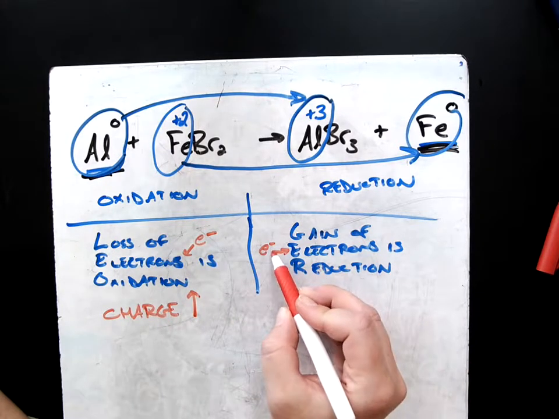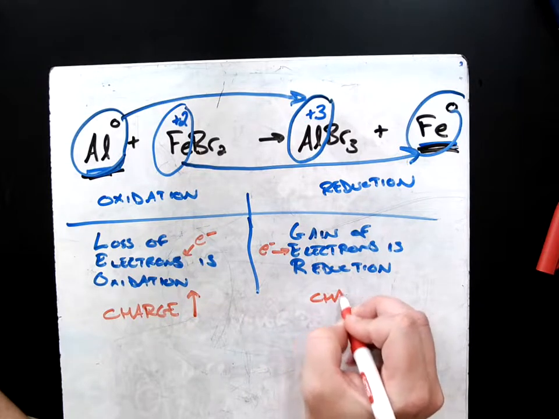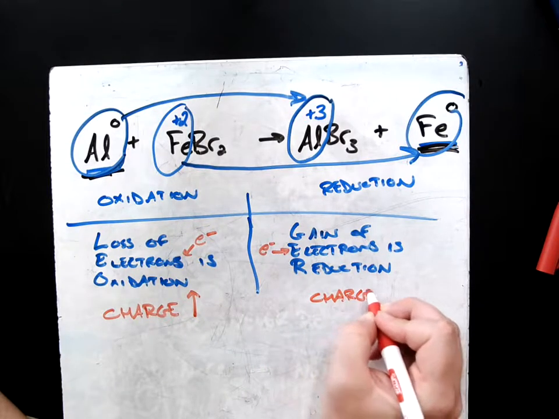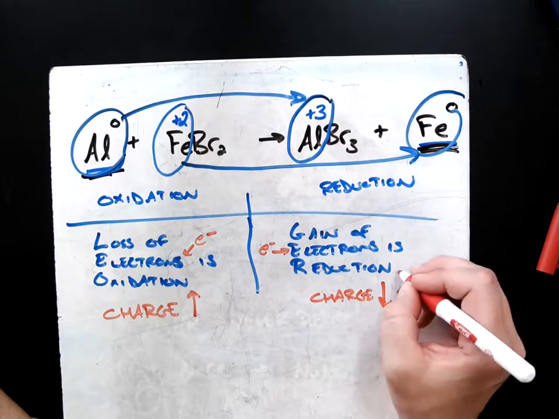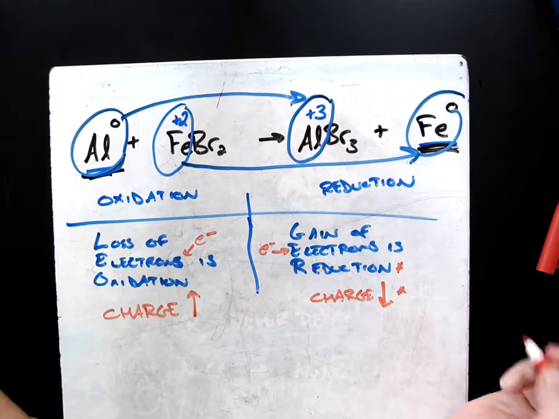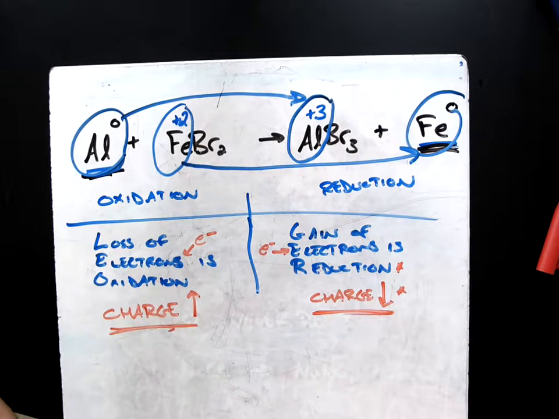If you gain electrons, you gain these negative guys, these garbage guys. You gain more negative stuff. You feel worse. Your charge goes down. This actually does make sense with the word reduction. Okay? This is almost more important than Leo says grr. Remembering that electrons are negative, and if you lose those electrons, your charge goes up. If you gain those electrons, your charge goes down.